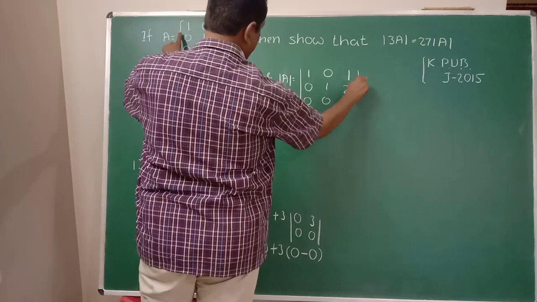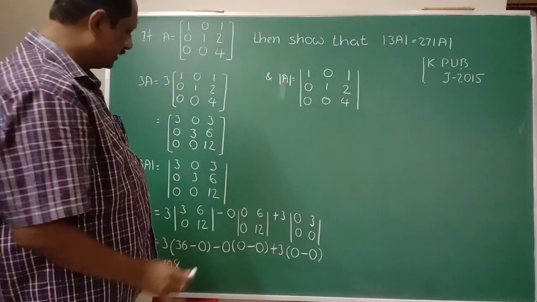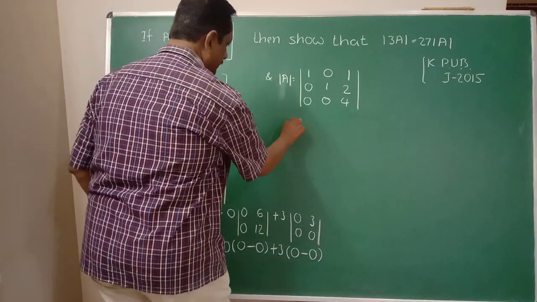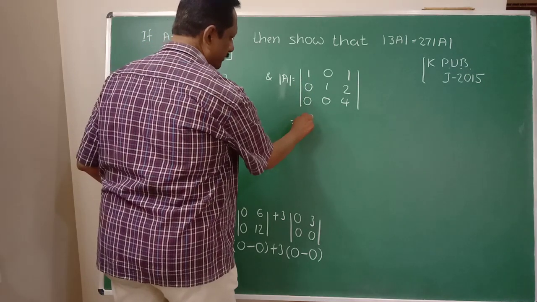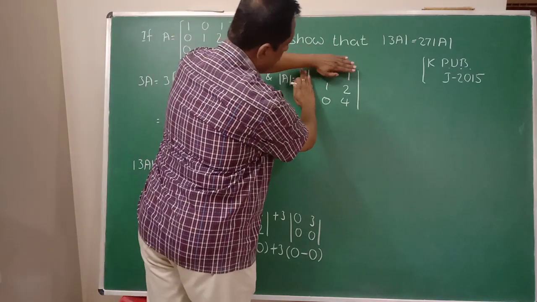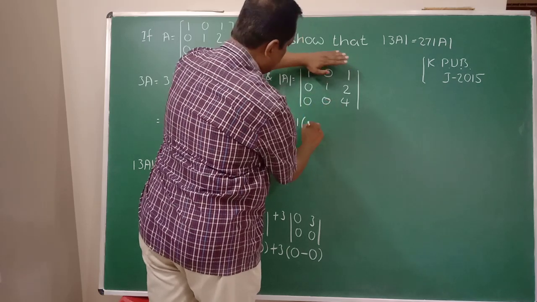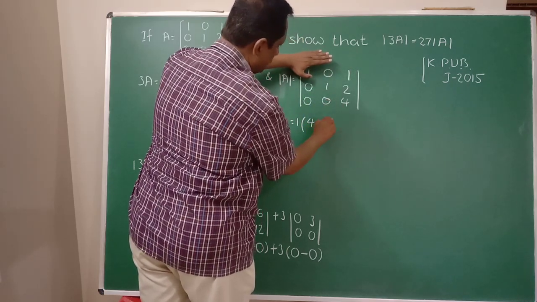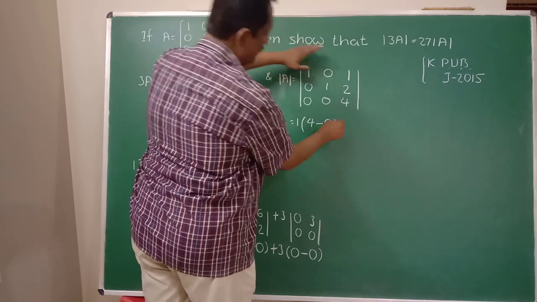Now expand this determinant here. I am writing this step directly. Just observe here. 1 into, delete the row and column containing this 1. These are the remaining elements here. 1 into 4 becomes a 4, minus of 2 into 0 becomes a 0. It is a 0.